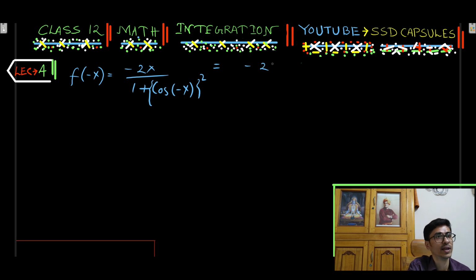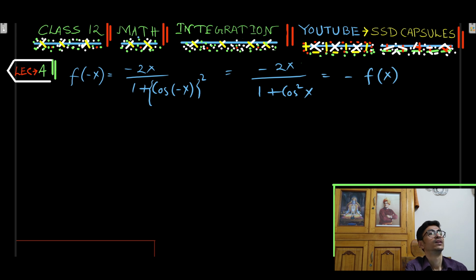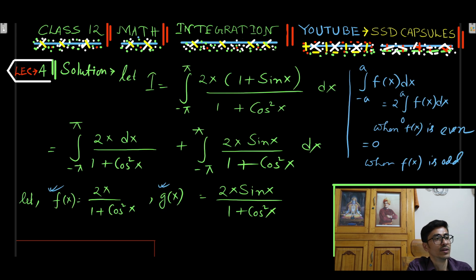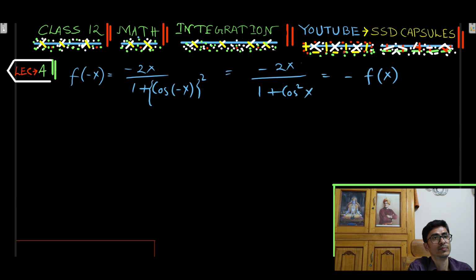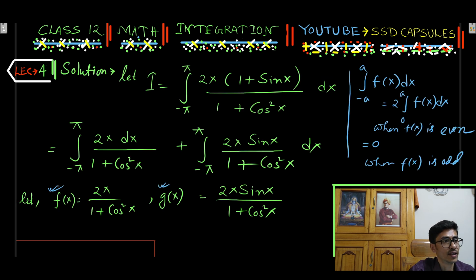So minus 2x by 1 plus cos square x equals simply minus f of x. See here 2x by 1 plus cos square x. So f is an odd function.